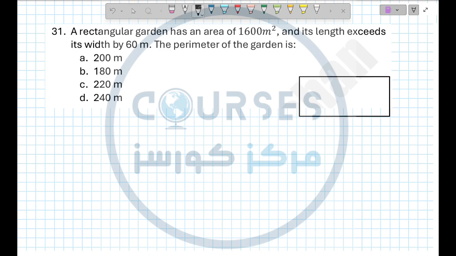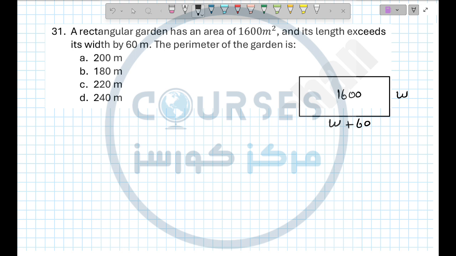The area is 1,600, and the length exceeds the width by 60. The length is 60 more than the width. So if the width is W, then the length is W plus 60.